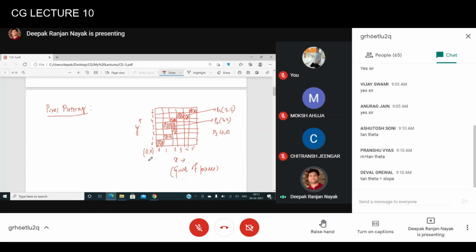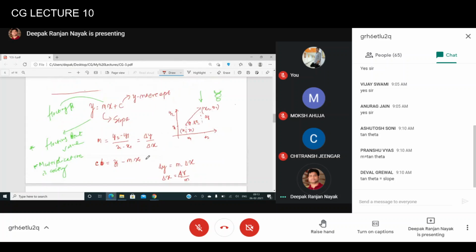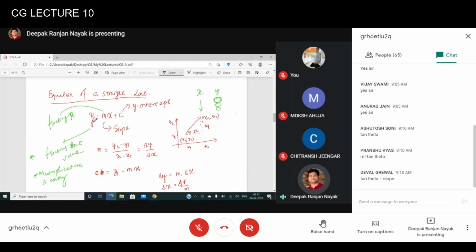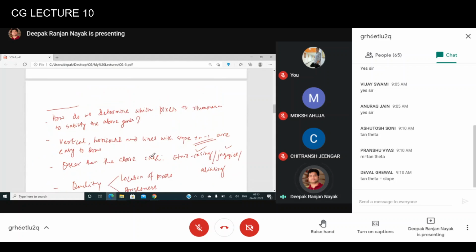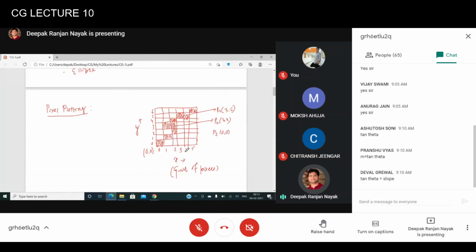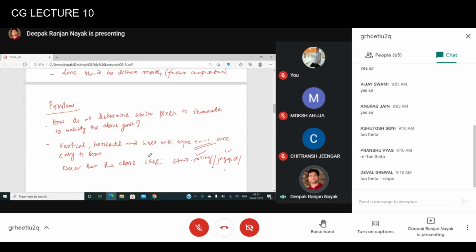But the way you will get the values, let's say x is an integer value here, but the y value you get will definitely be a floating point value. So again, you have to perform some operations to get the integer value, because ultimately you want to draw on the raster screen, right? And here we have seen all the coordinate values are in the form of integers.